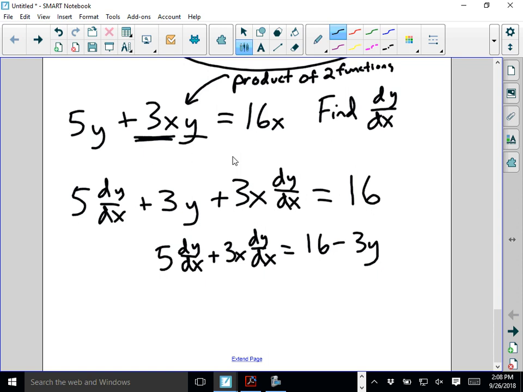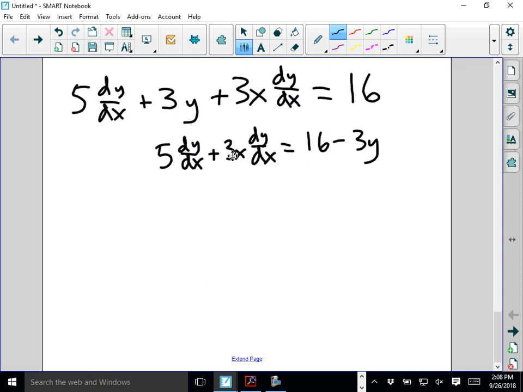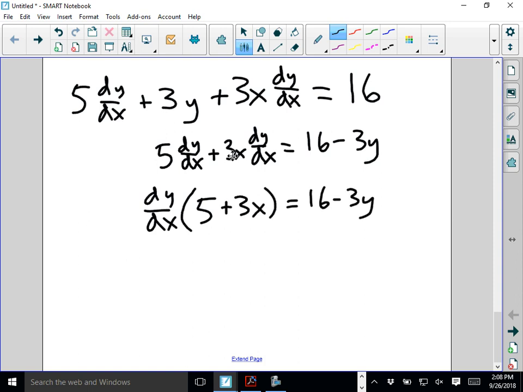Now I want to factor out my dy/dx. And lastly, I want to divide both sides by 5 plus 3x. Now I want to ask myself, is there any way I can simplify this?